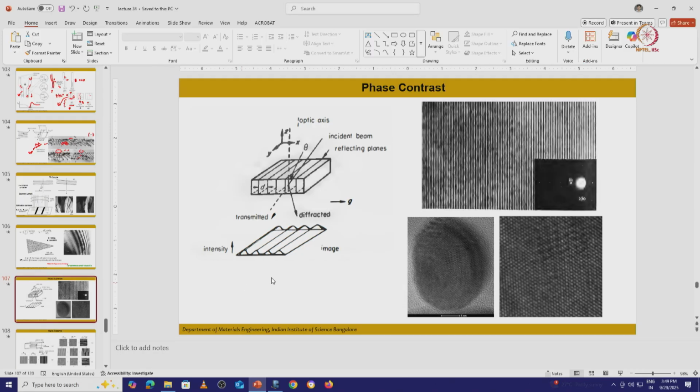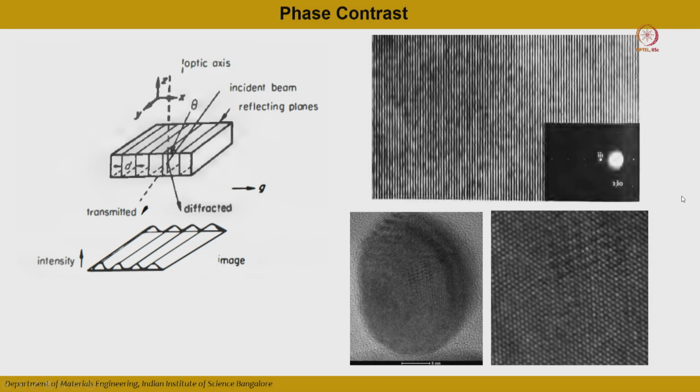Okay. Now we will go through another contrast, which, as I told you, is the phase contrast. We have described the mass thickness contrast, and we have shown the diffraction contrast, which is used for dark field and bright field imaging and also for defect analysis in the sample.